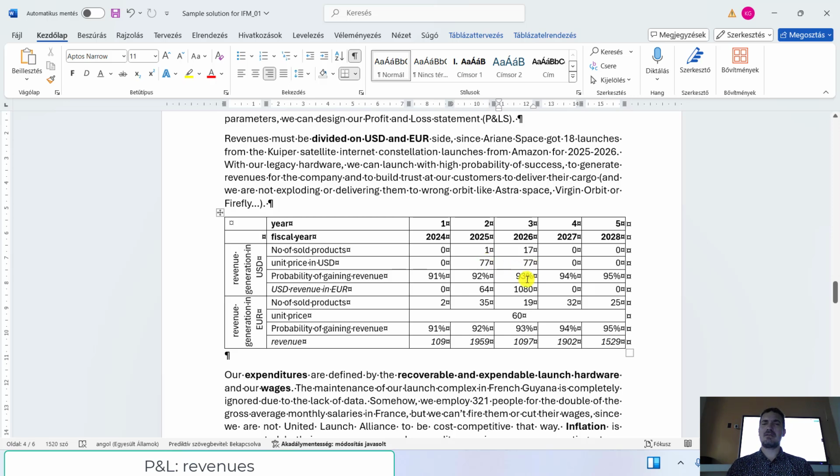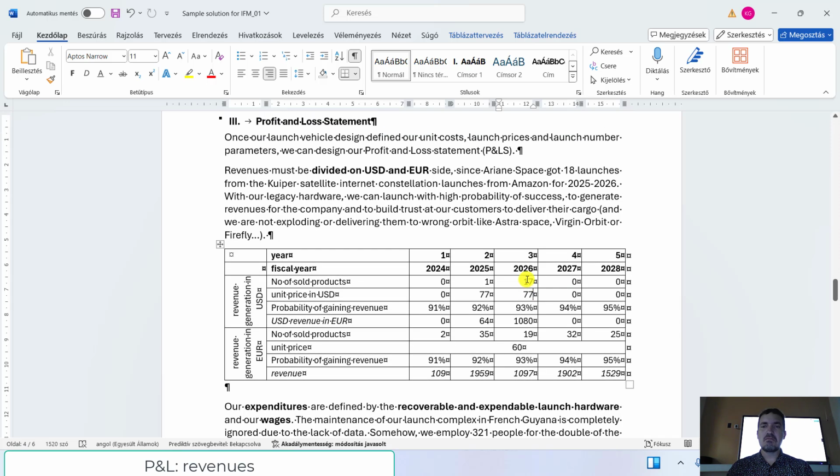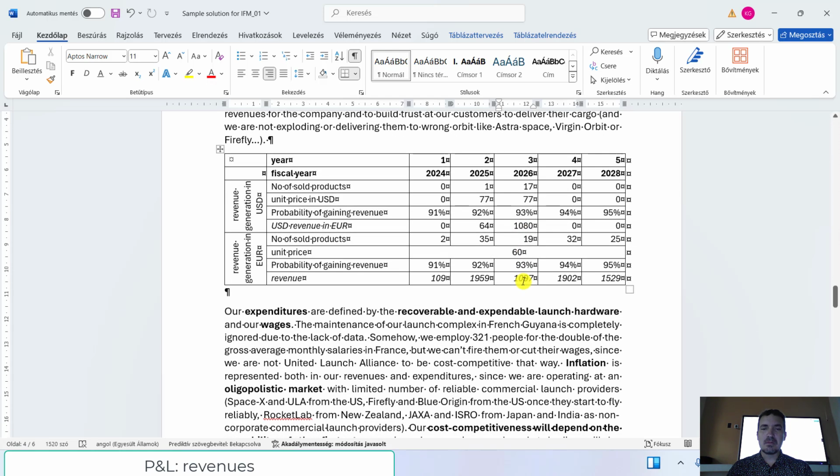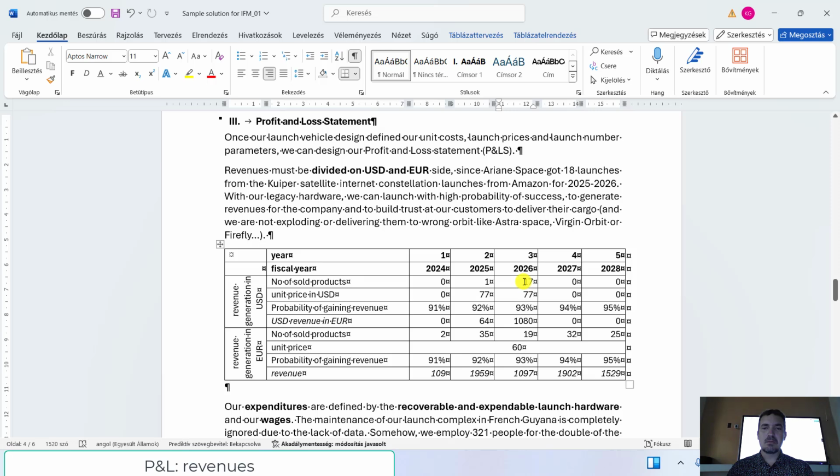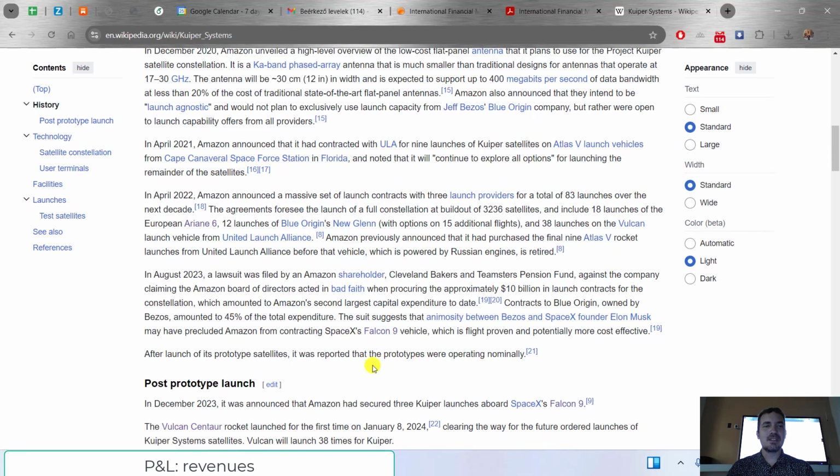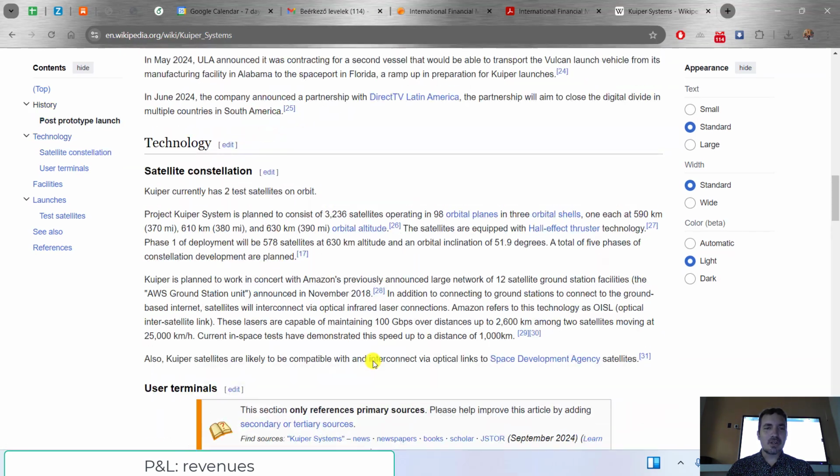Why are we more expensive? We are just taking advantage of them, or I was able to find some price.